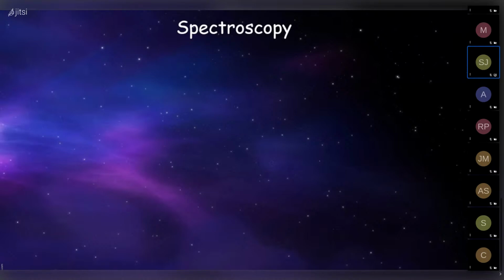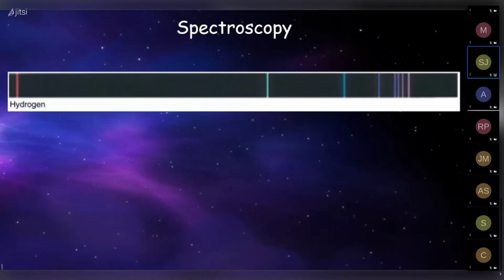Consider hydrogen. If we make hydrogen emit spectral lines, it will emit only these wavelengths. There are electron transitions happening in hydrogen. The first transition corresponds to this red wavelength, and then comes blue, and it goes till indigo and violet.